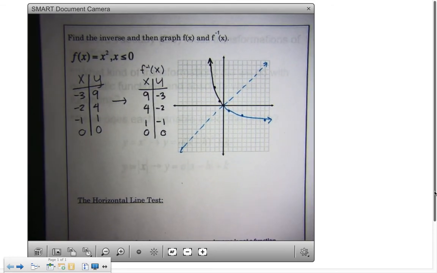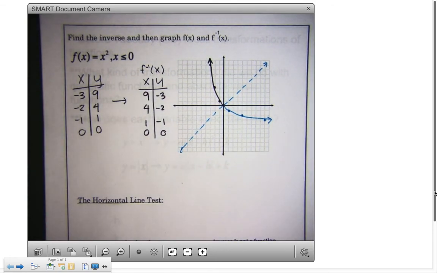We have a test that we can use to tell if the original is going to have an inverse that is still a function, and we call that the horizontal line test.